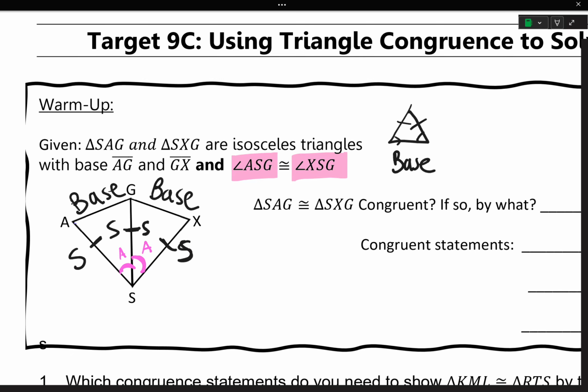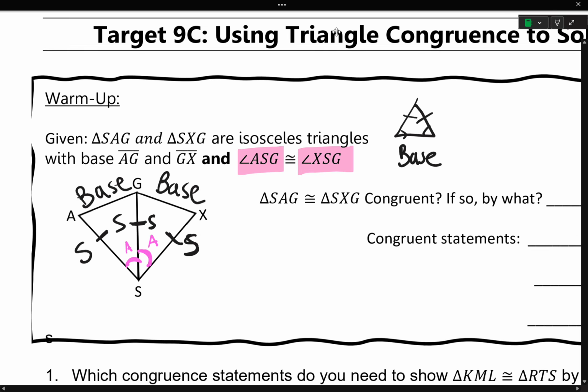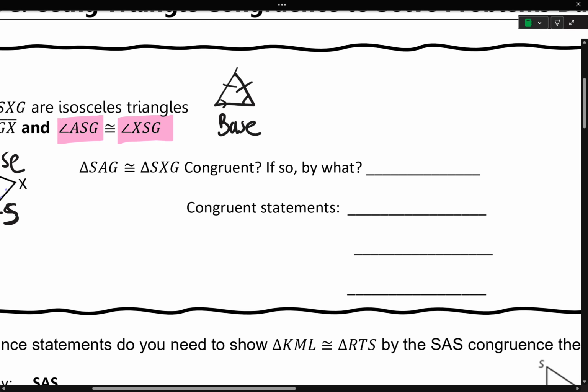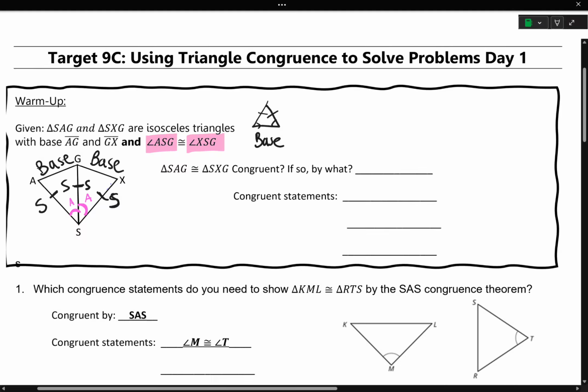Check it out. Side, angle, side on both triangles. Alright, let's write some congruent statements. Let's first write that they're congruent by SAS, of course. The first congruent statement, easy peasy, we were given: ASG congruent to XSG.